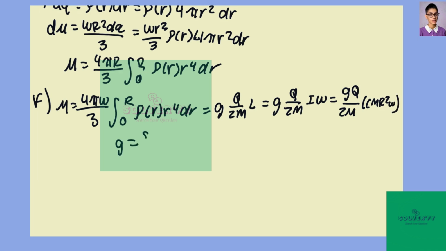So g equals 8π divided by 3QC r² times the integral from 0 to R of ρ(r) r⁴ dr.